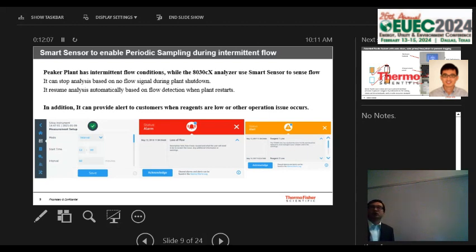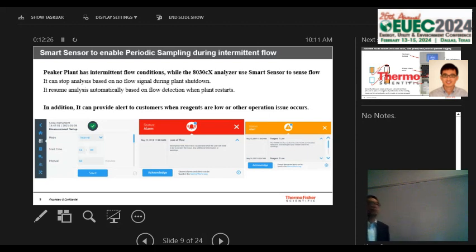Hey, you have low flow. If the operator says, oh, maybe I forgot to turn on the valve during startup, he will correct that, right? In normal cases, if it's just a shutdown, it will just say, hey, you're in shutdown mode, low flow. It gives you a clear indication. It will also give you some warnings.